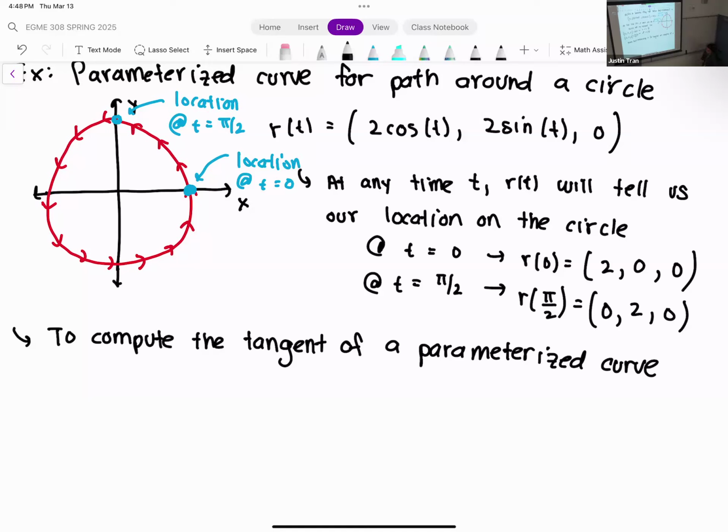So the tangent is nothing more than just a vector that points parallel to the curve at a given point. Okay. So this is pretty straightforward. So, to compute the tangent of any curve, you're just going to simply take its derivative.